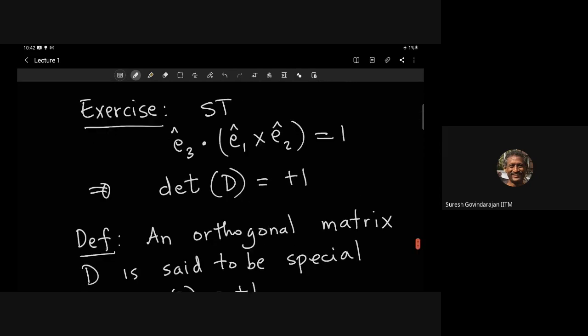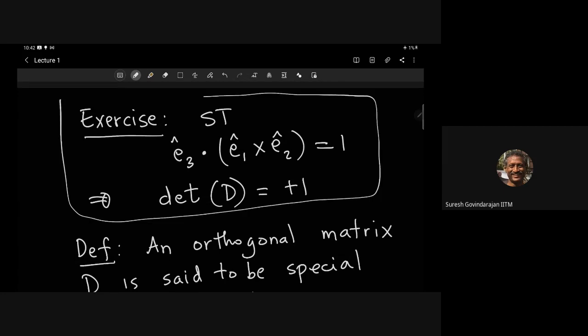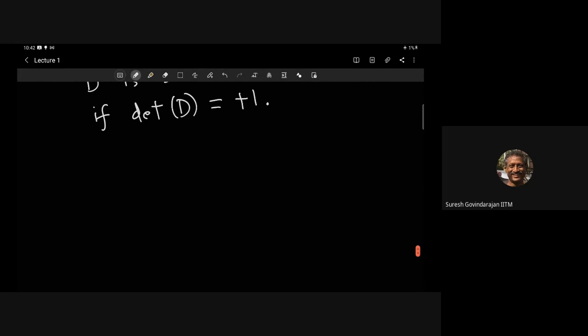This exercise you have to do, but it's a very nice exercise. And there's a formula that I hate with all my heart, which is to express the cross product as some determinant of something. But that's probably the shortest way to get this answer. So we have two definitions, and there are some properties of orthogonal matrices.